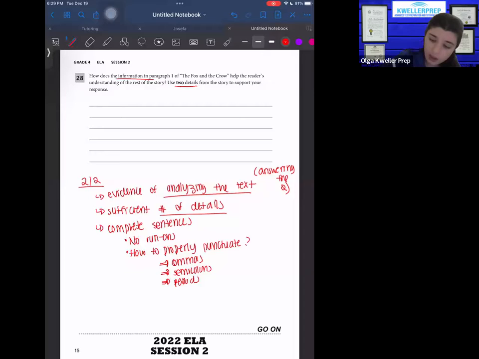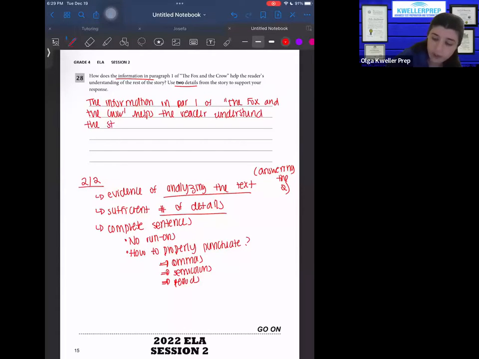So you can say the information in paragraph 1 of the fox and the crow helps the reader understand the story by, right? And then you give your answer, right? By giving an overview, by telling the reader why the fox tricked the crow, by blah, blah, blah.